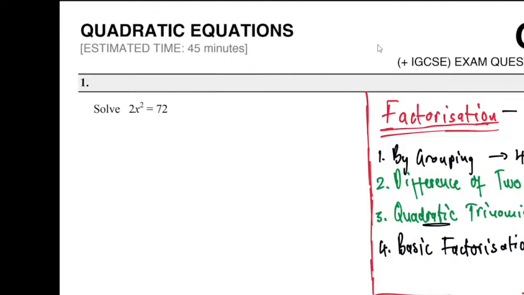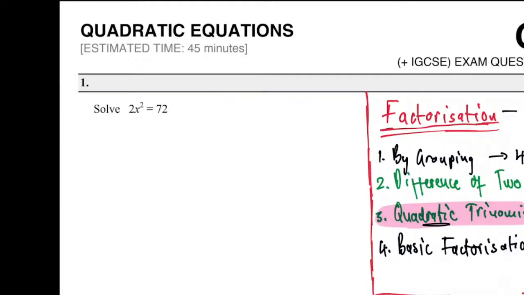This part I need all of you to remember. Now we're going deeper, because the reason you do factorization of quadratic trinomials is that you are going to be using this to actually solve real life problems.